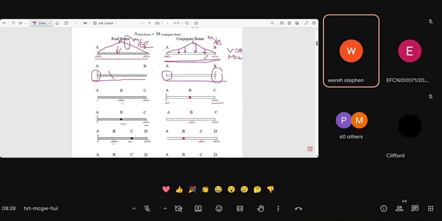Also sometimes when the beam is loaded with a UDL, the UDL will create a parabolic curve, like this. So you need to know how to find the shear force and also the moment when the load is parabolic, because the UDL is going to create a moment that is parabolic.